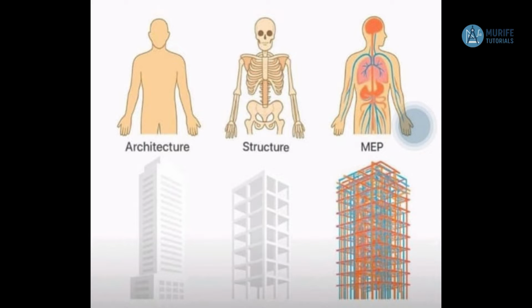This parallel allows for a holistic comprehension, where the exterior design, the load-bearing elements, and the intricate network of services are all viewed as interconnected and vital for the overall functionality and integrity, whether it's a living organism or a constructed building.